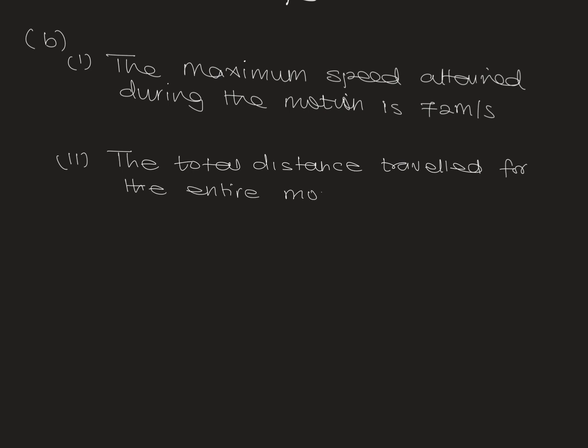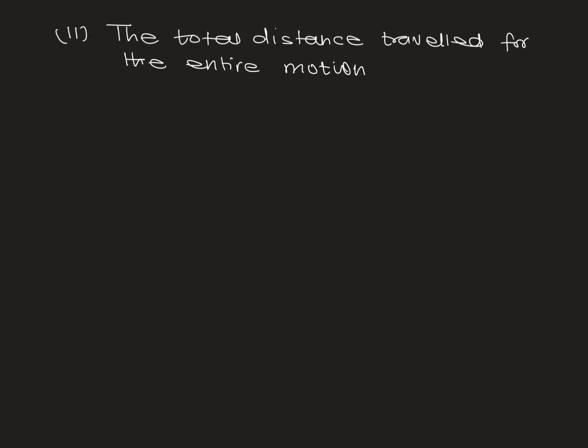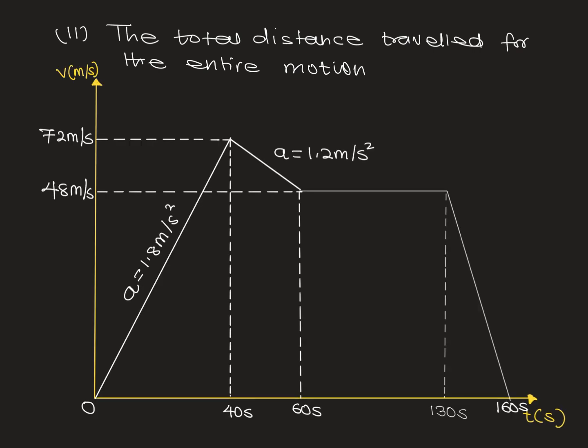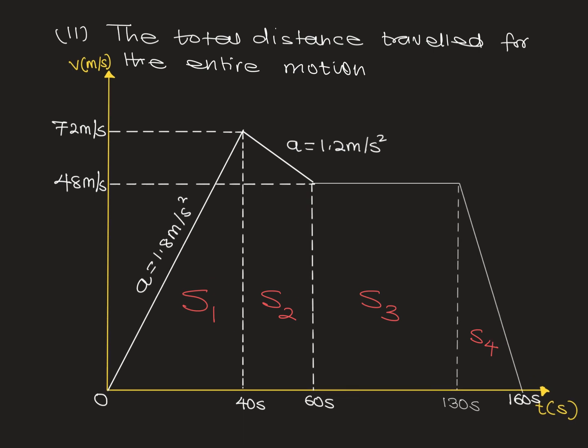So if we should try to bring the velocity time graph, we can indicate the phases here as S1, S2, S3, and S4. So we're going to use the areas under the graph to find the distance.